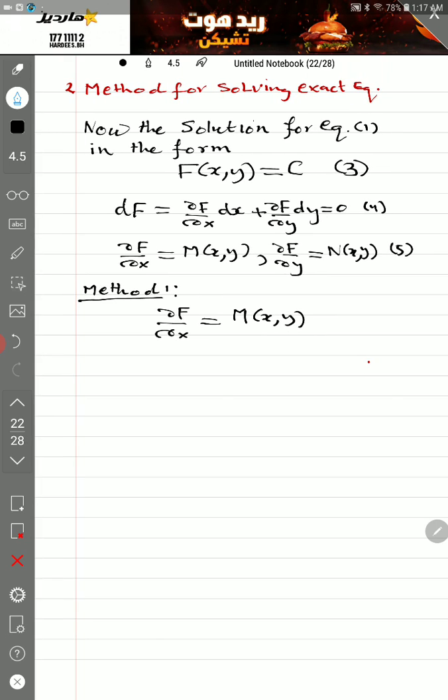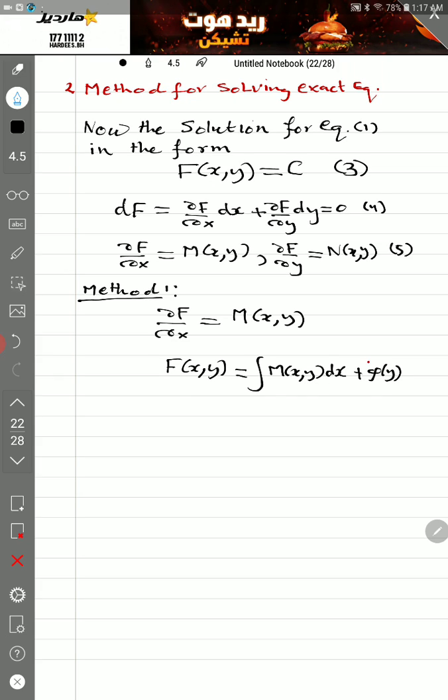Now you want to find f, so you need to integrate with respect to x. So your f, the solution, will be the integration of m of xy with respect to x. In calculus, with one variable you add a constant c. Here you have two variables, so the constant must be a function of the other variable. I will call it phi of y, because you are integrating with respect to x.